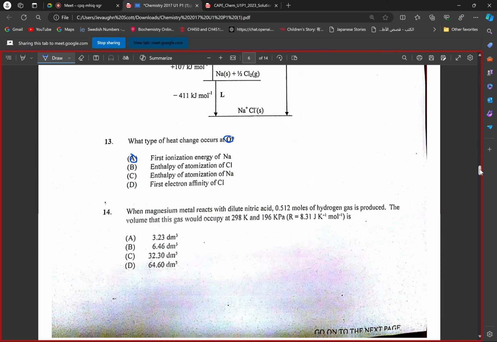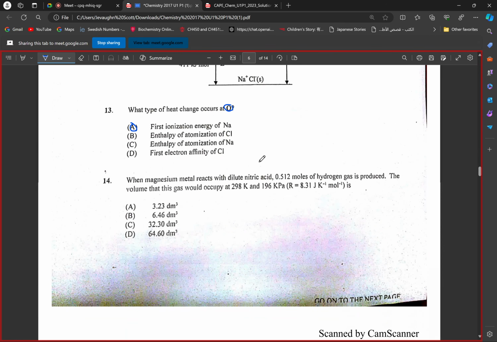Right, so let's look at this now. When magnesium metal reacts with dilute nitric acid, that amount of moles of hydrogen gas is produced, the volume of gas occupying at 298 Kelvin, 196 kilopascals would be that, right? So what would it be? What's the response to the question? What do we do?